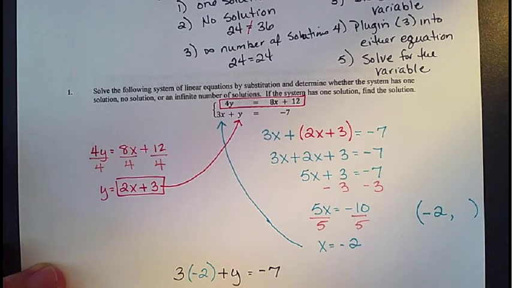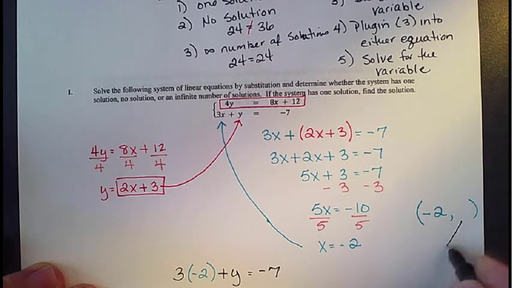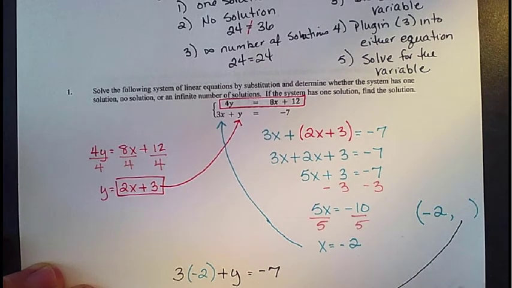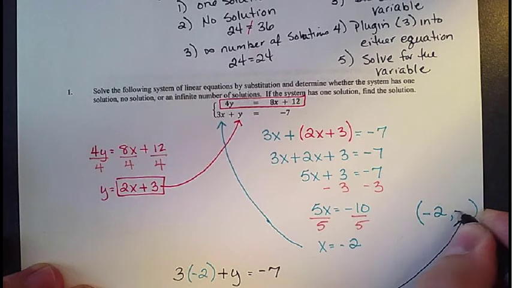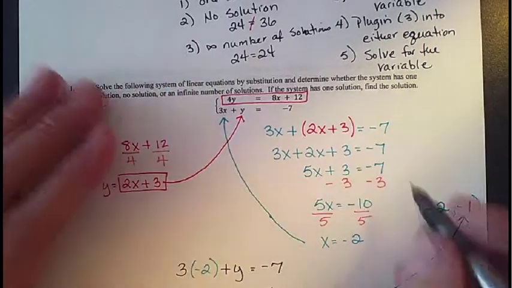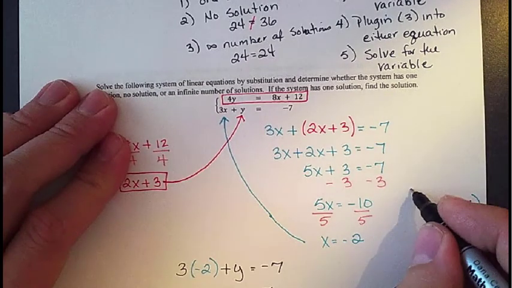So that's going to give me that y is equal to negative 1. So that tells me that my point of intersection, the point in which both of these lines cross, there is one solution, and that solution is the point negative 2, comma, negative 1. And there's my answer. So I have one solution, and that solution is the point negative 2, negative 1. Okay? Moving on to another.